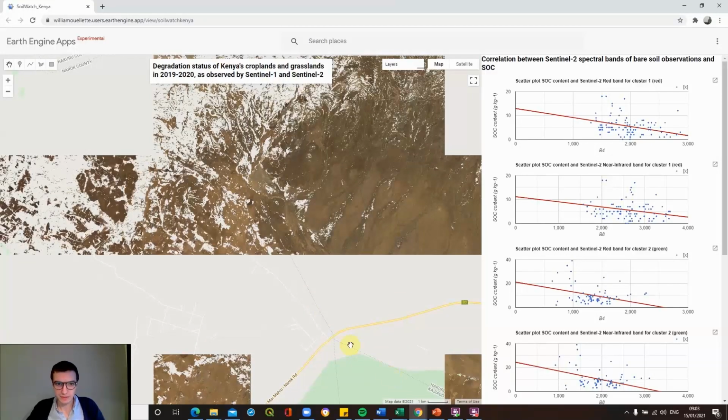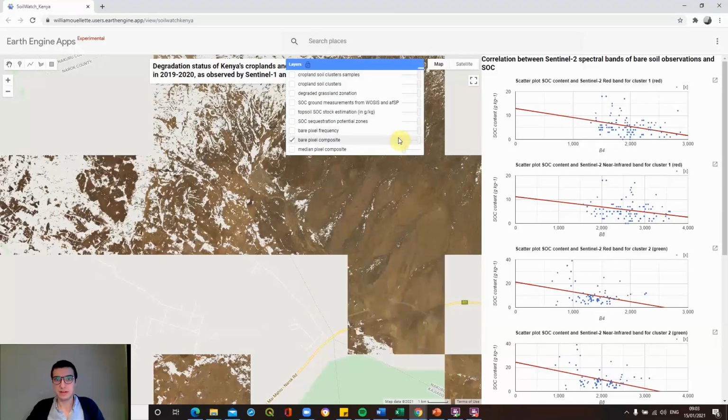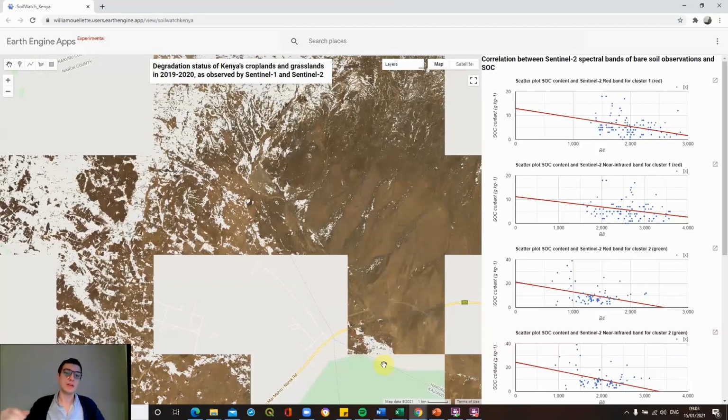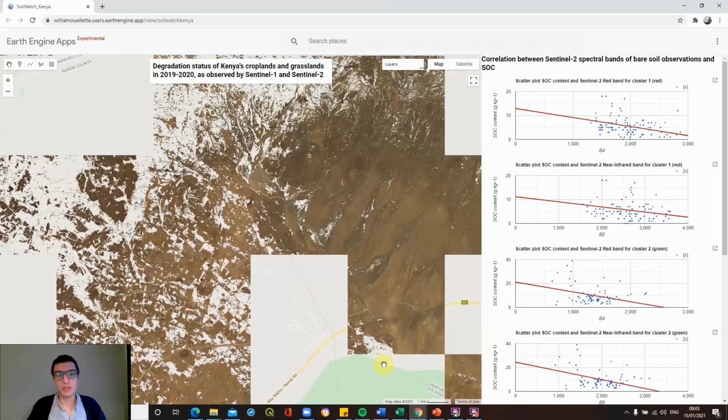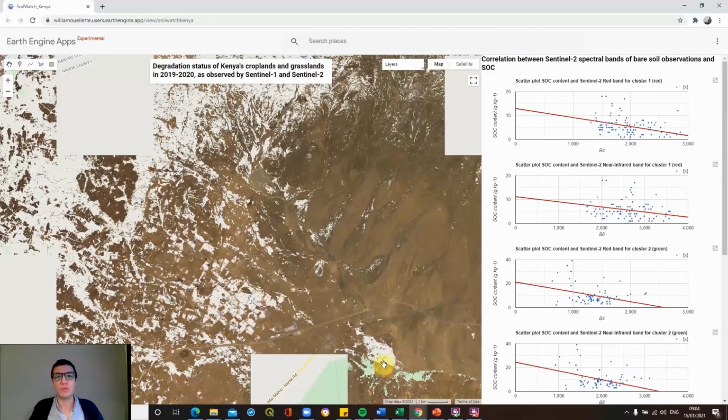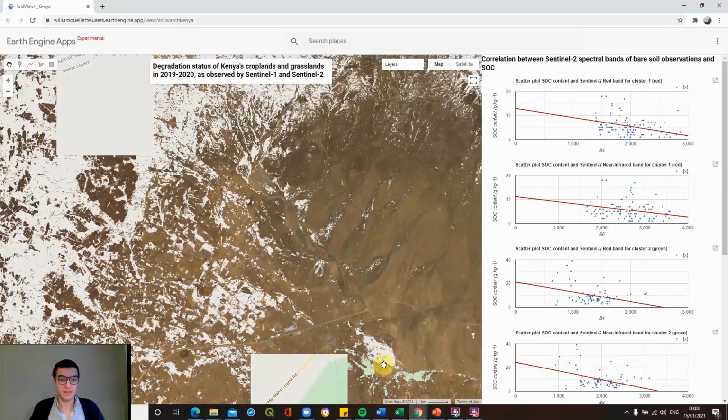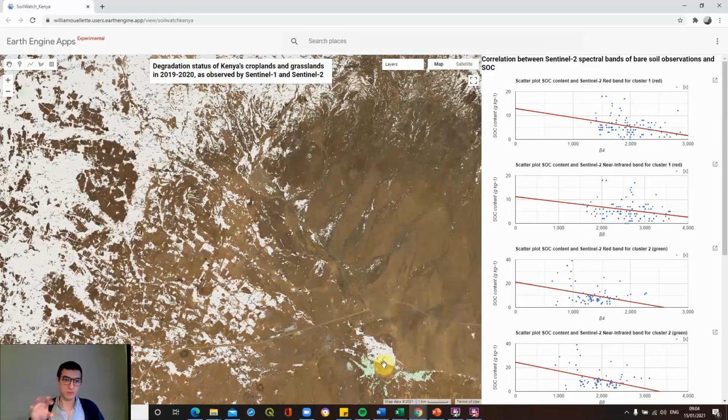So you see that in fact we get an output at 10-meter resolution, so much higher resolution than most of the, let's say, regional, national, or global soil properties mapping efforts that have been done in the past. So we can still generate data output at a very large scale, but also ensure that we can get meaningful and relevant information at the field scale.